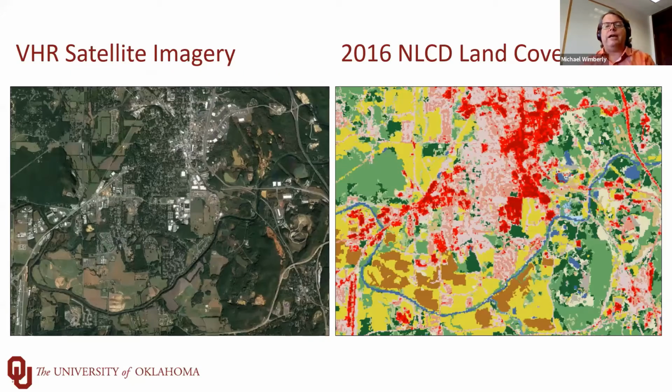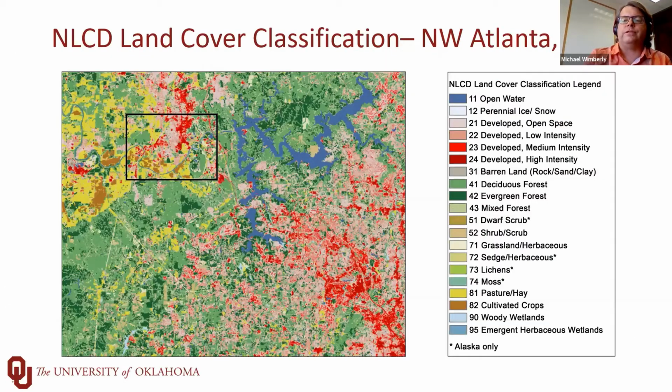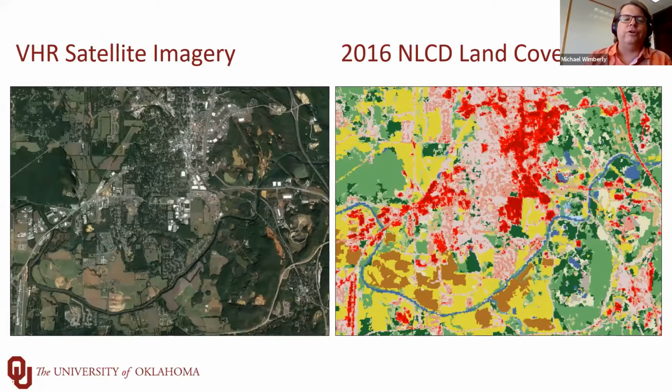So here I have, again on the right, this National Land Cover data set. These are classes from a satellite called Landsat. It takes 30-meter pixels, boxes that are 30 meters on a side, and puts them into one of these categories that I showed you here.